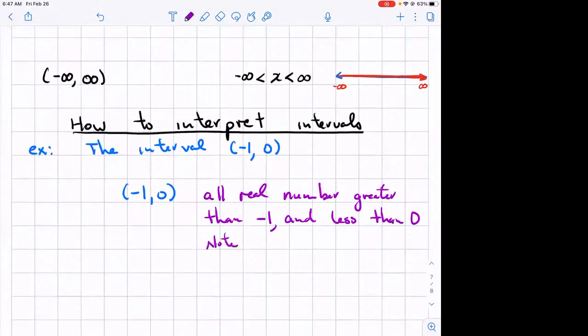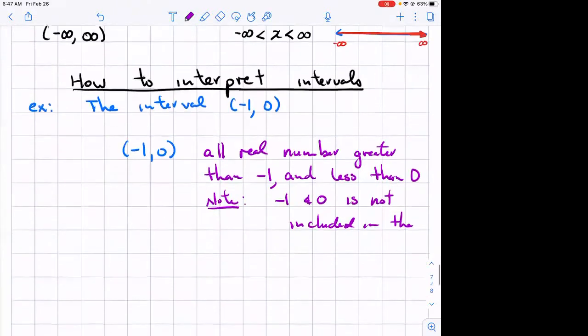Note, -1 and 0 are not included in the interval. So whenever you see parentheses here, it means that the number is not in the interval.